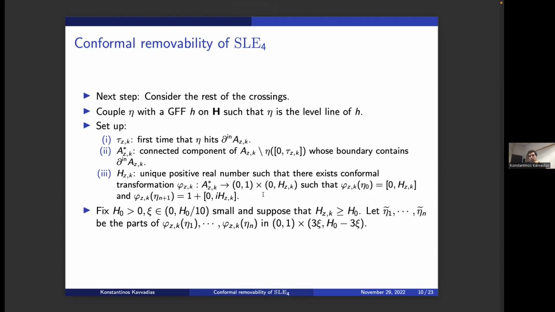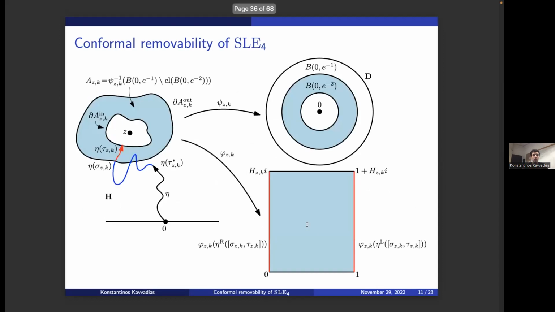And we consider the images of the crossings of the annulus made by SLE4 under that conformal transformation. And we consider the part of those crossings here, eta j tilde, which are a bit away from the upper and lower boundary of the rectangle. It will be clear why we choose them in this way. So this is the picture here.